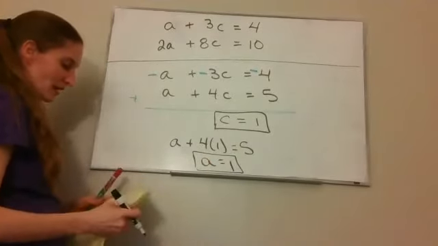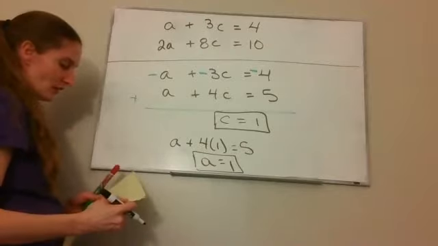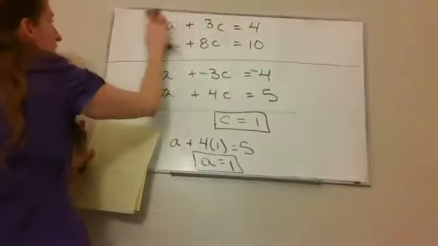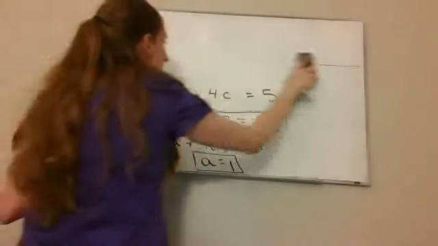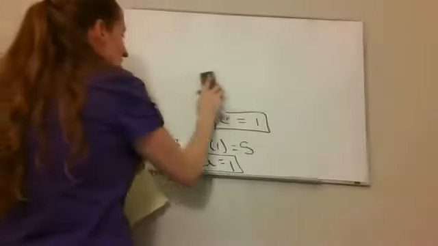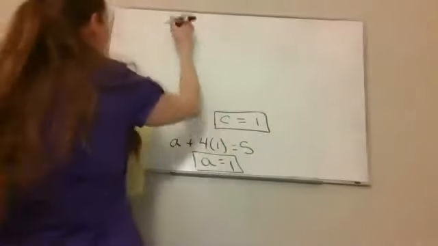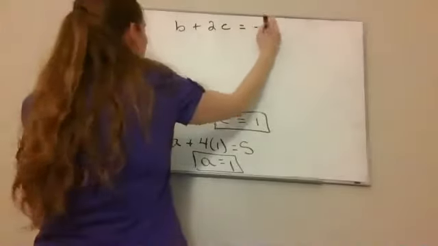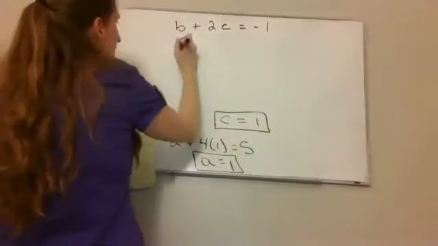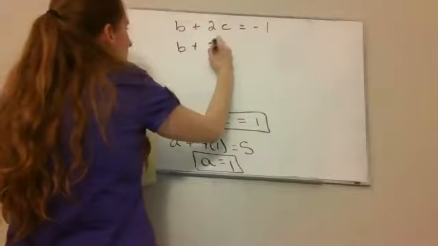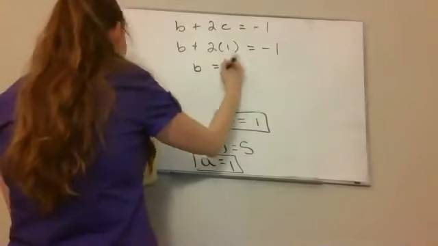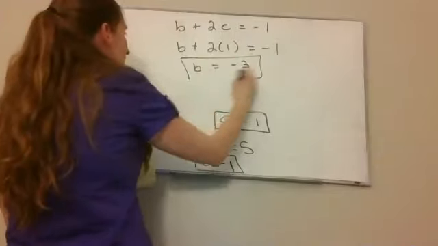And to find B, I can just plug this info into one of my original equations. One of my original equations is B plus 2C equals negative 1. If I plug in C equals 1, I get B is equal to negative 3.